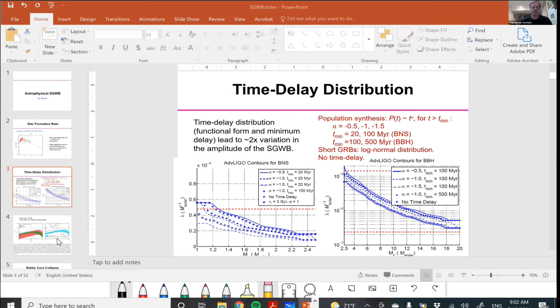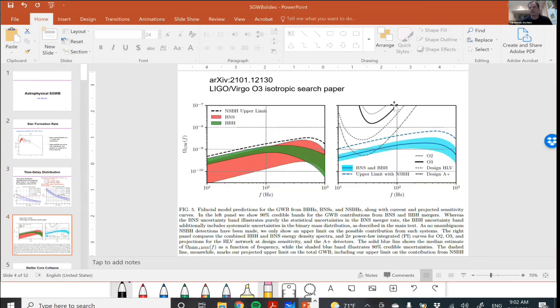You can see that the bandwidth is increasing, but I don't have Cosmic Explorer and Einstein Telescope here on this plot. They would be about an order of magnitude below these curves, something like 10 to the minus 11, 10 to the minus 12 even. But the bottom will be at about the same place.